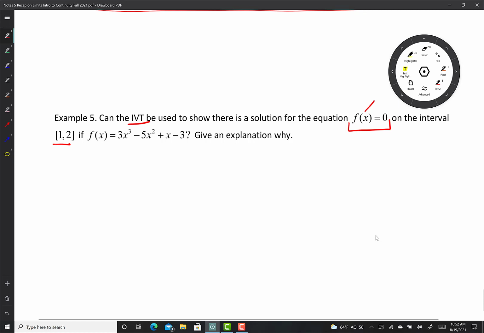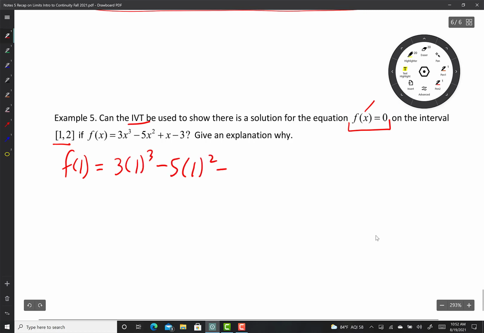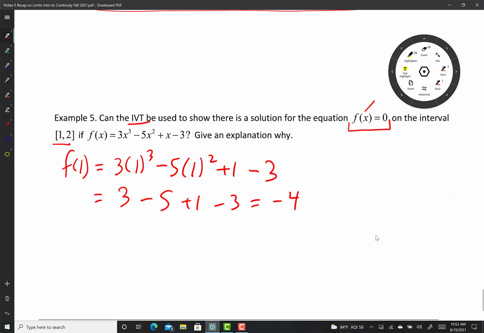All right, here's how you're going to do it. You guys ready? I'm going to find out what f of 1 is. f of 1 equals 3 times 1 cubed minus 5 times 1 squared plus 1 minus 3. That's 3 minus 5 plus 1 minus 3. So I see negative 4, but let me know if I'm wrong. I'm wrong very often. Are we okay?